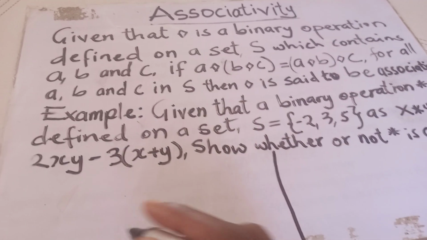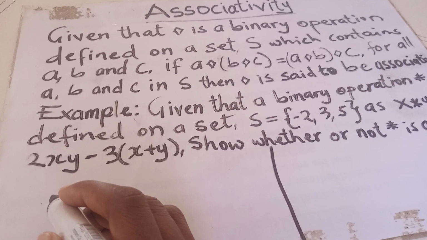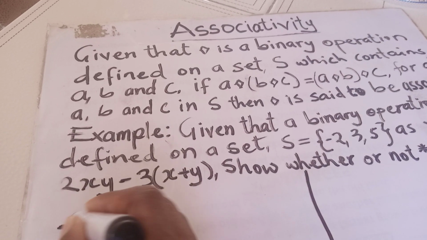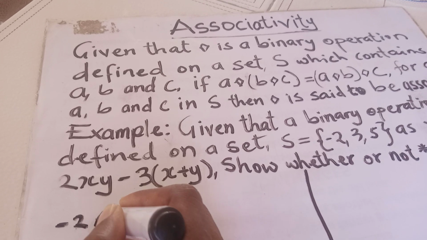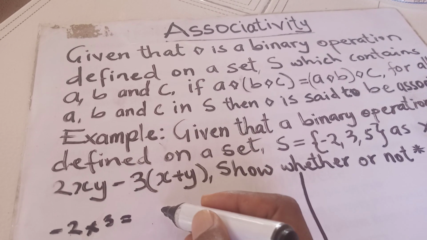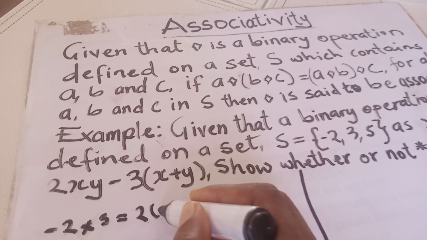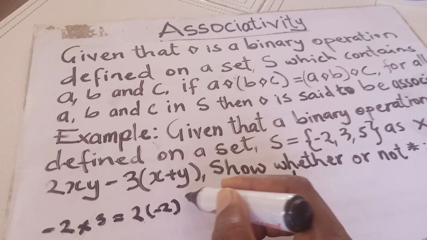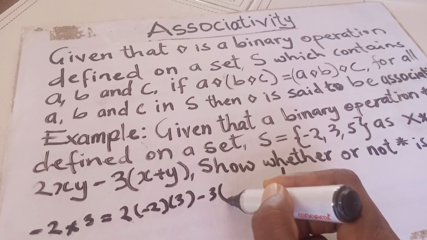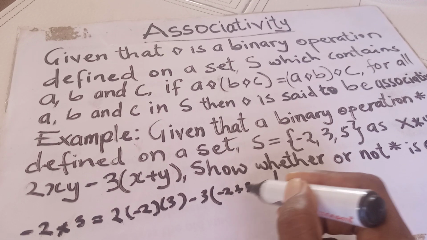I'm going to take -2 as my x and 3 as my y. So -2 operated on 3: the rule is 2xy, so in place of x I put -2 and in place of y I put 3, minus 3 into bracket, in place of x -2 plus, in place of y, 3.